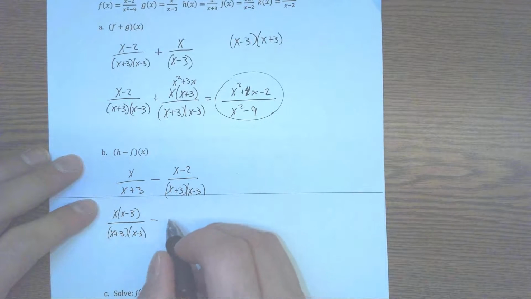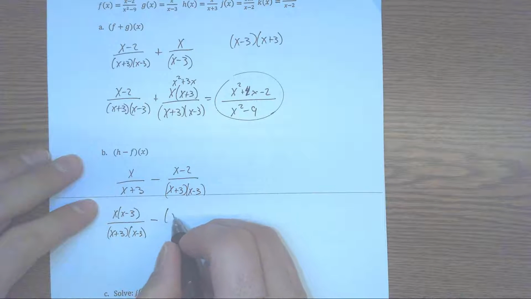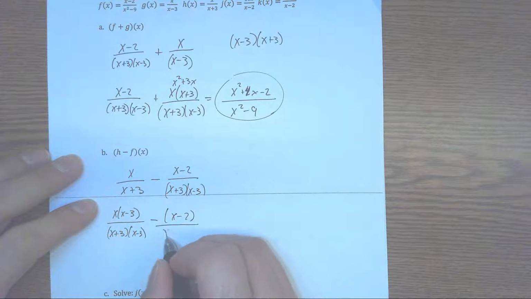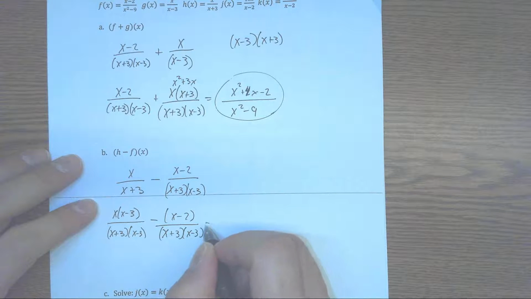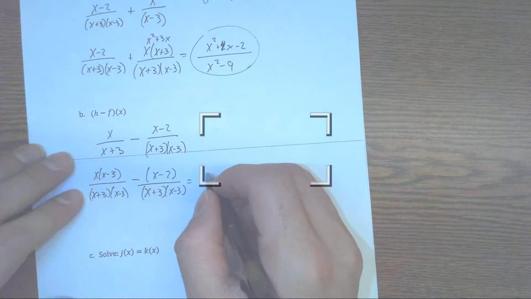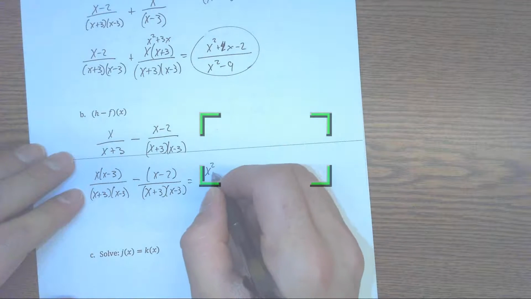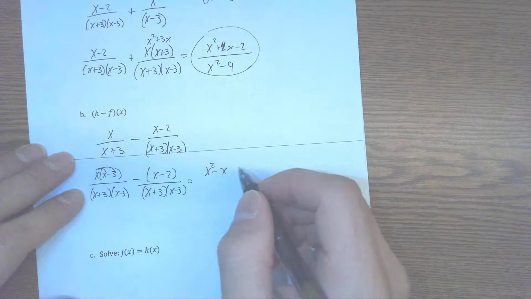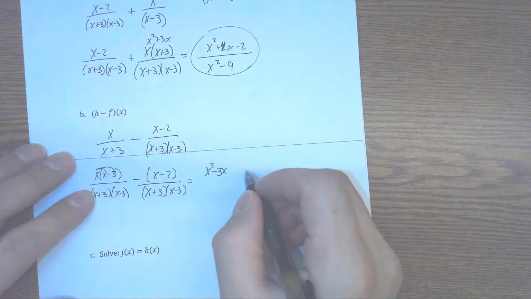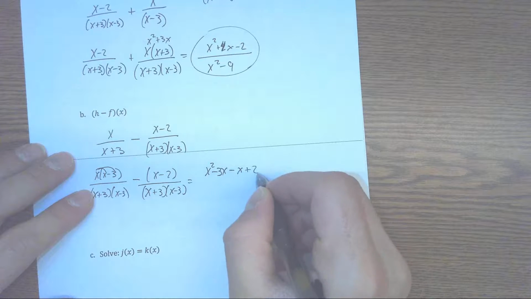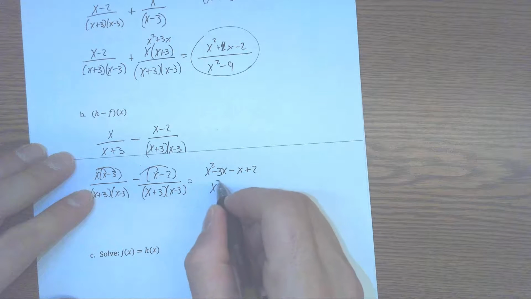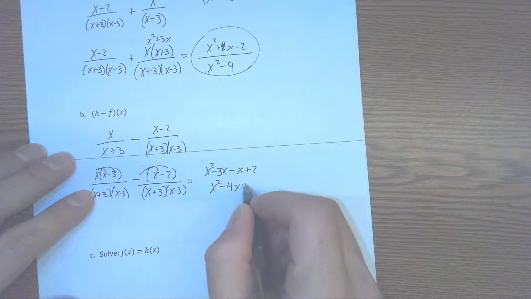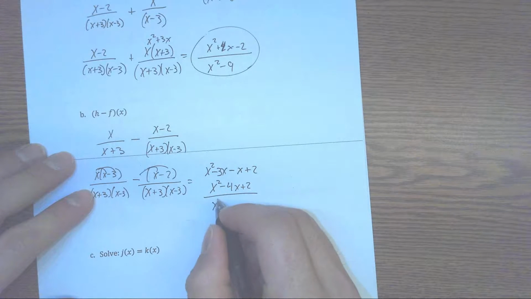Make sure we distribute this negative. That's why I'm going to put parentheses here. Right? So what we get is x squared minus x when I distribute this, minus 3x, minus x plus 2 when I distribute this. That gives me x squared minus 4x plus 2. Cannot factor. X squared minus 9 goes here.